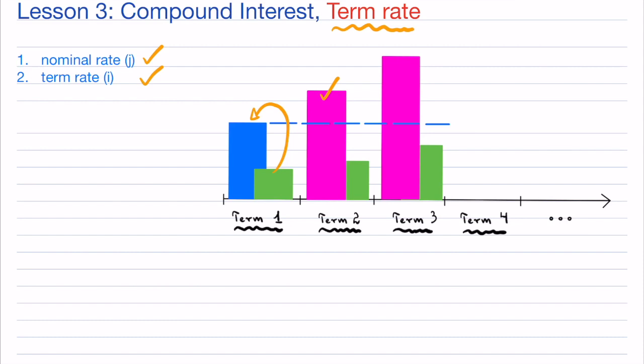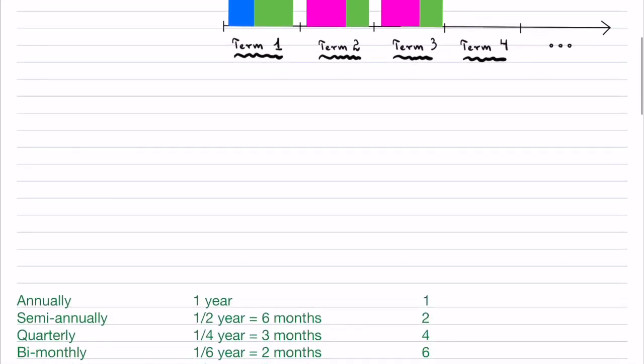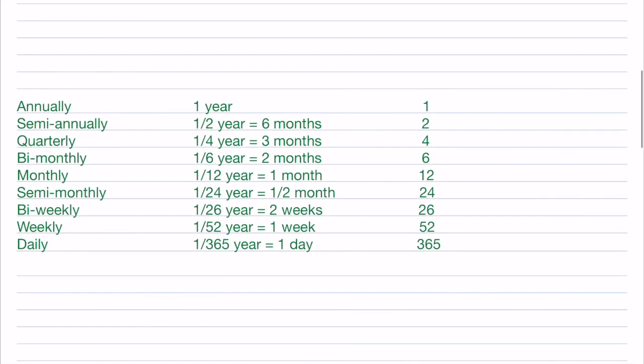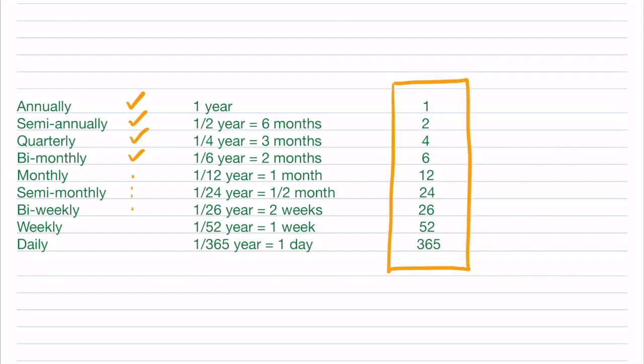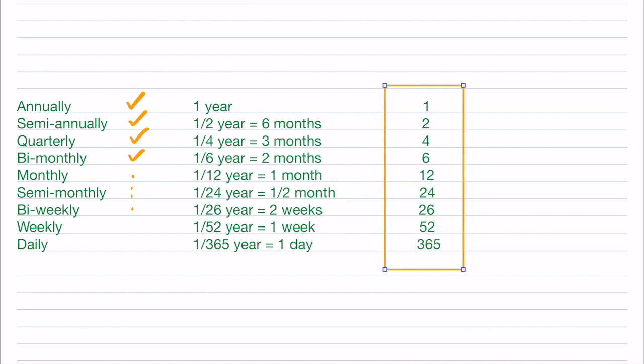Now in the second lesson, I mentioned this little chart, and this little chart tells us the most common ways to compound, which you see all the way right here. And once we compound annually or semi-annually or quarterly, then we know exactly how many times we compound per year.